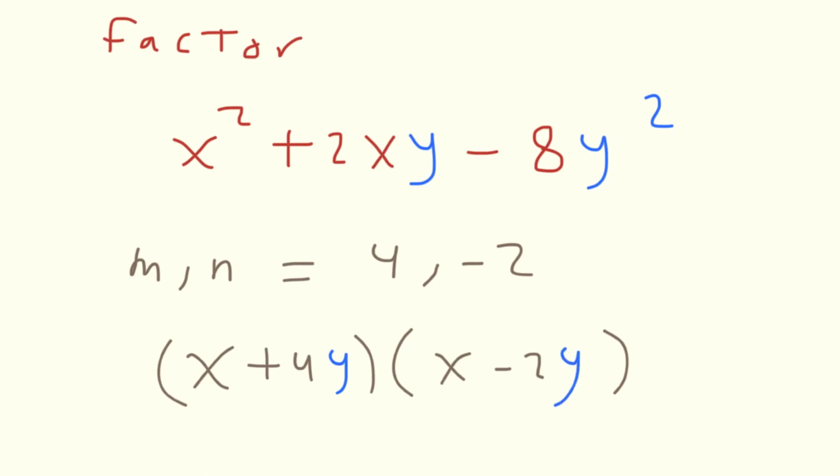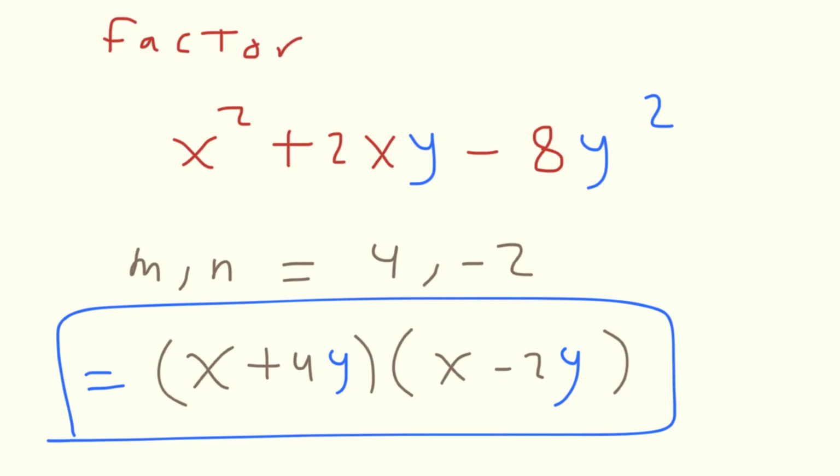So this is the factoring, and this is the answer. That's the only difference. After you have two numbers and you write them here, this number becomes the coefficient of y, and this number also becomes the coefficient of y here. That's how you should do the factoring. Clear? Just add y. This is the answer.